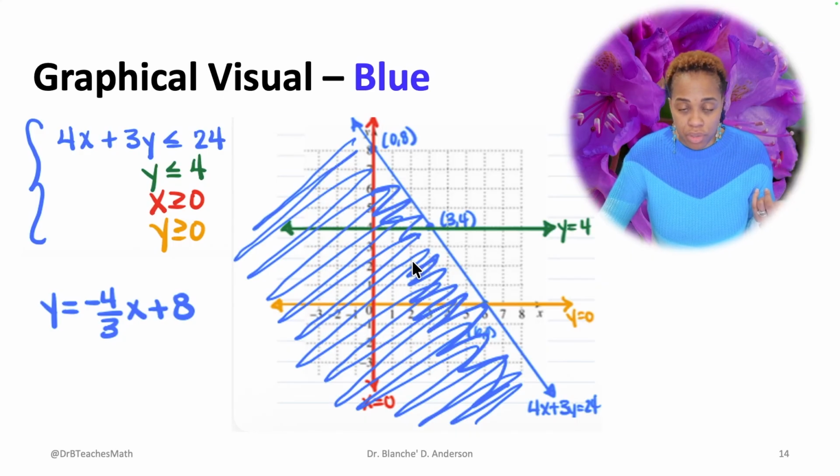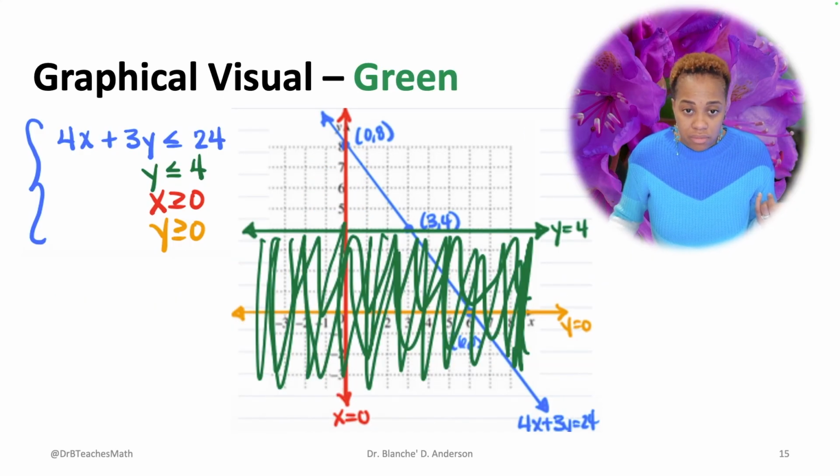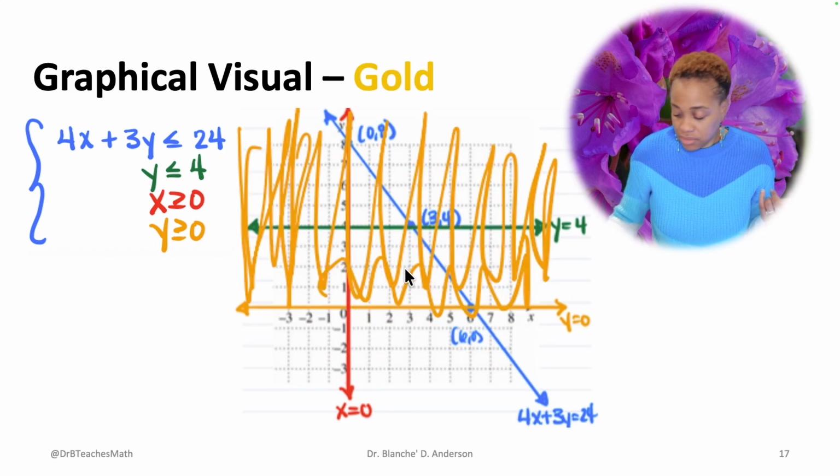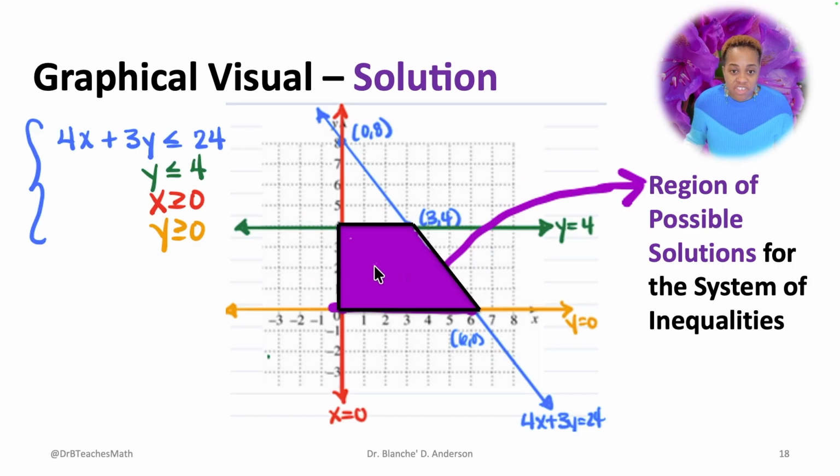So first there's blue, green, right? Red, yellow. So that's my region of possible solutions. If I pick any ordered pair in this region, it makes every single equation true. Okay, and that is your goal when you're doing that. Every single one is true.